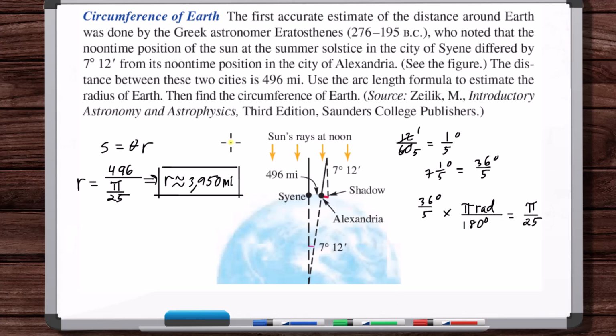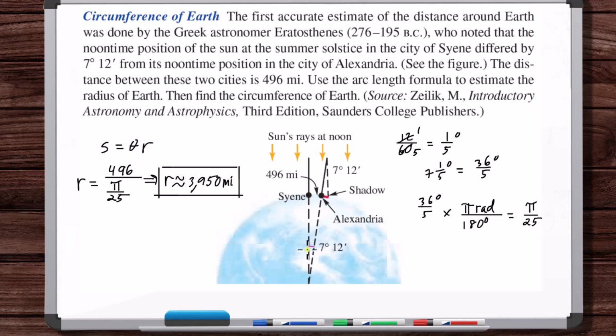Okay, now what about the circumference? Well, it's 2 pi r. There's different ways we could do this. I mean, you have a conversion factor here between angle and arc length. We know that for every pi over 25 radians, that corresponds to 496 miles of arc length.